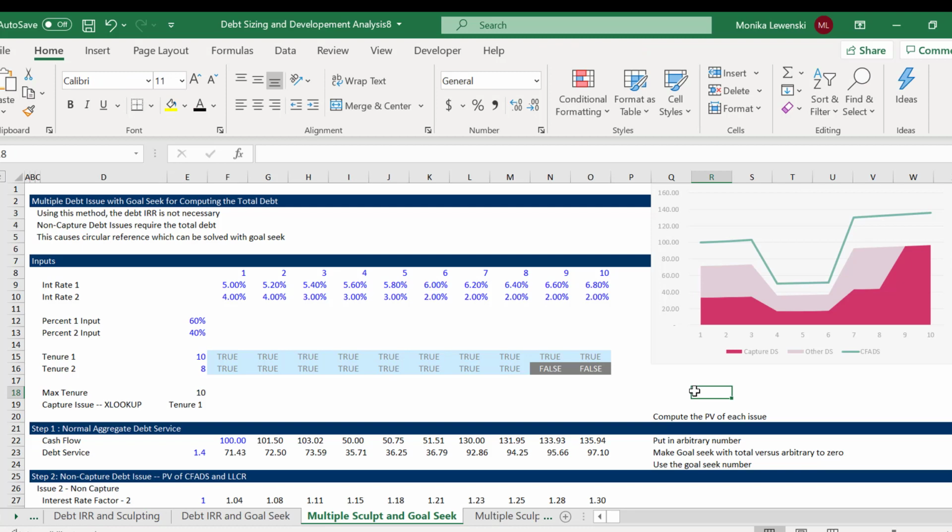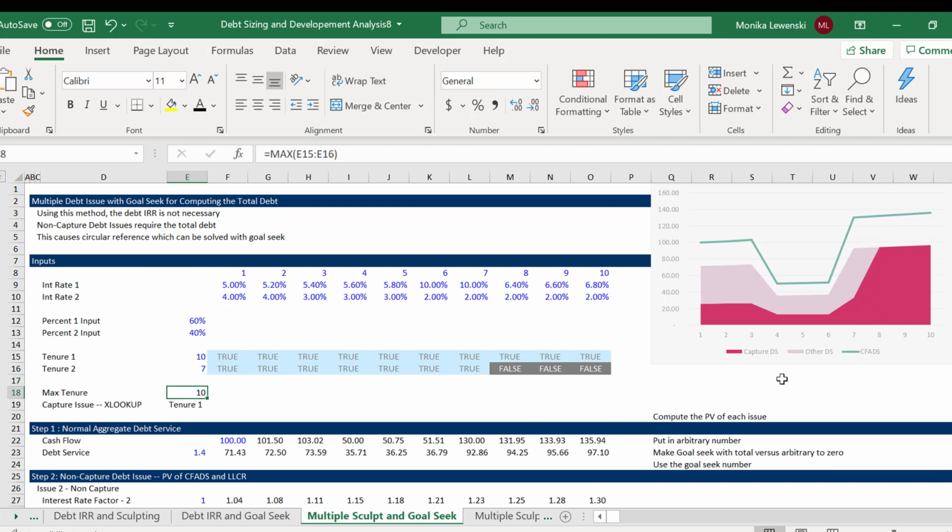And in this method, we don't even have to really worry about the debt IRR. So we have two different interest rates. I'm going to make this one interest rate suddenly go up to 10%. How's that? We'll be able to change any of the interest rates, and we can make this go to 9 or to 7. Okay, and see how much we have to sculpt this debt.